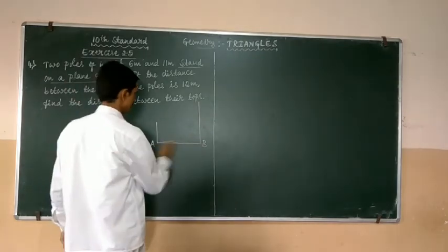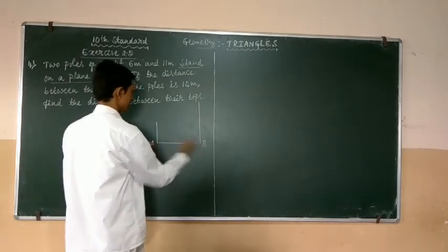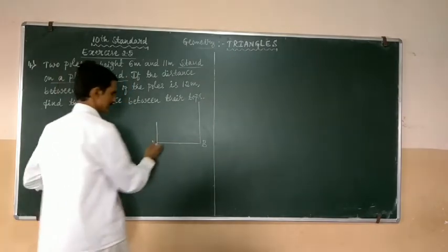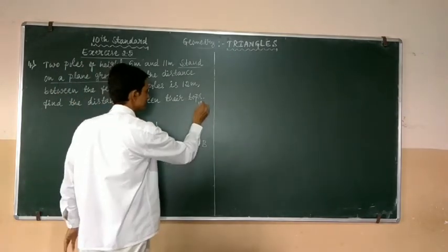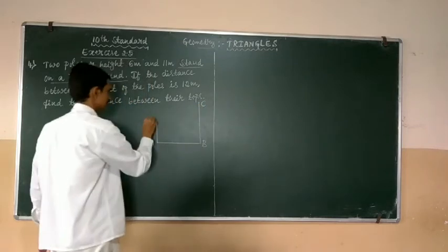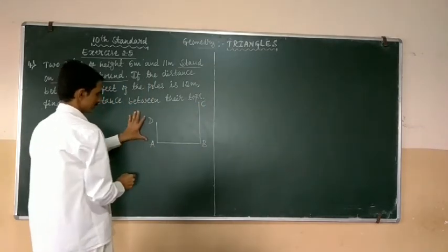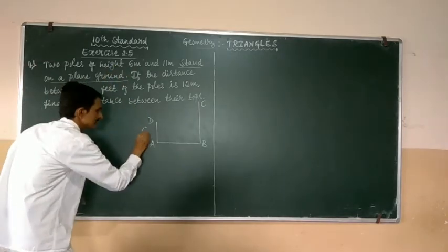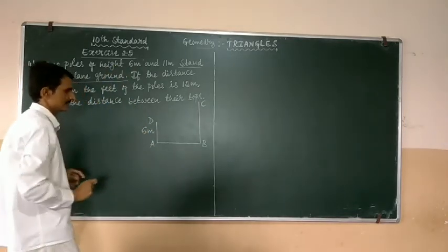So AB is the distance between the two poles, and also it is the ground. Call the tops D and C. So AD is the height of the first pole. It is 6 meter.